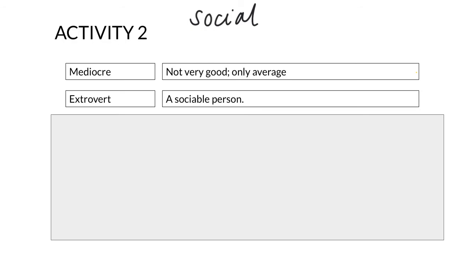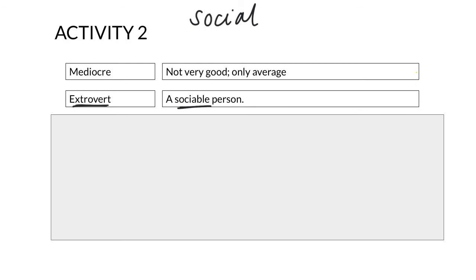So if you are a sociable person, that means you like going out and being social. You like speaking to people. That's what makes you happy. So if you are an extrovert, you are a sociable person. If you aren't sure you'll remember what sociable means, for the definition of extrovert, you can put someone that is confident in meeting others.